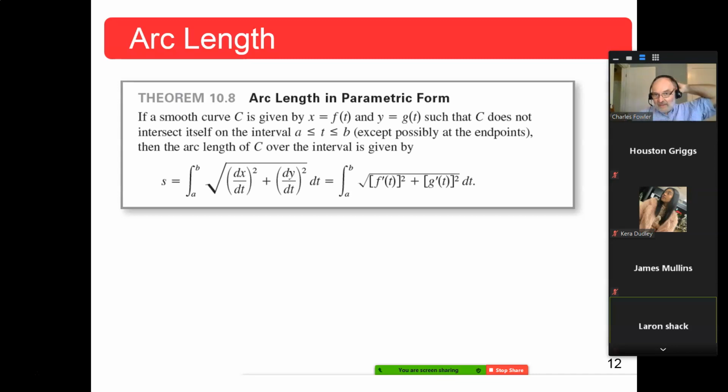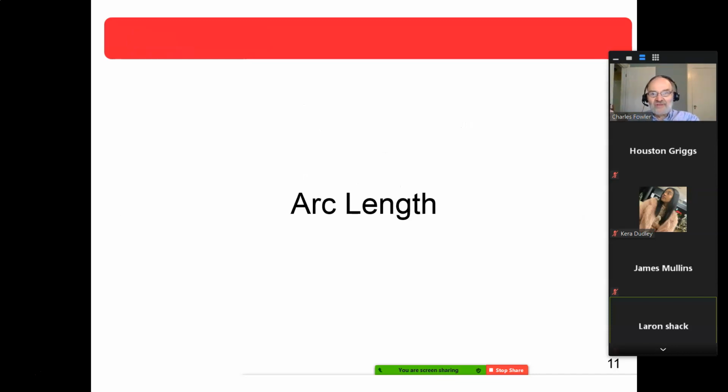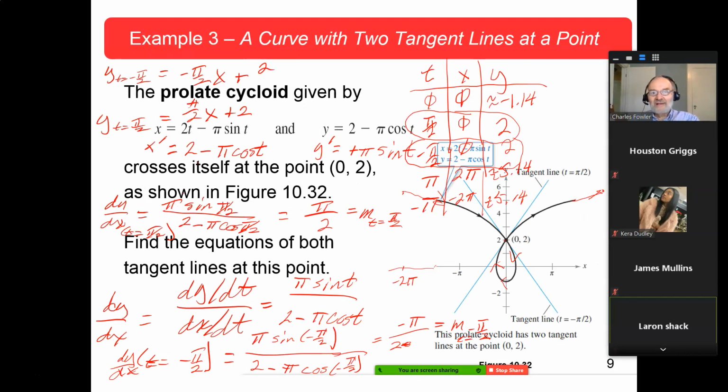Now this was much later on before you got to arc length, but let's see what we've got here. The arc length in parametric form, remember now we got parametric equations. If a smooth curve C is given by x equal f of t and y is equal g of t, just like we had before, such that C does not intersect itself on the interval from A to B. Now that last example we did, it intersected itself.